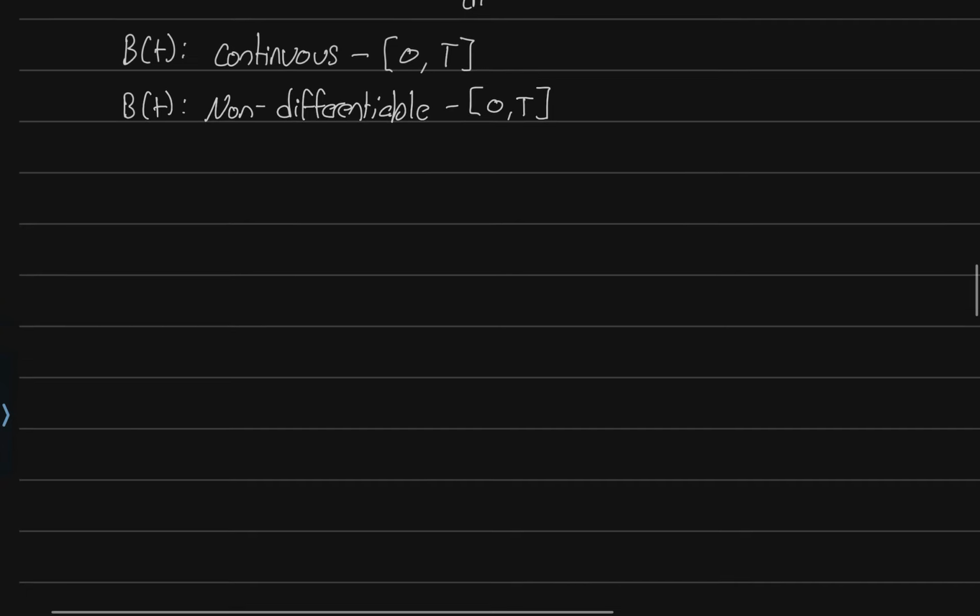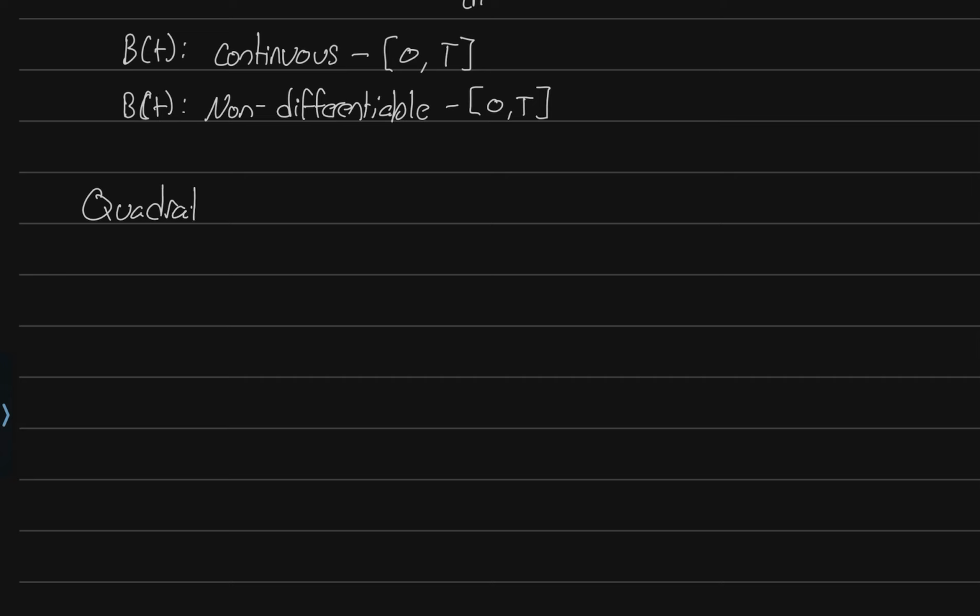But there's a way around this, and this is also a theorem that I will not prove. There's a very extensive proof, but I'll just state it. It's very simple. It's called the quadratic variation of Brownian motion.